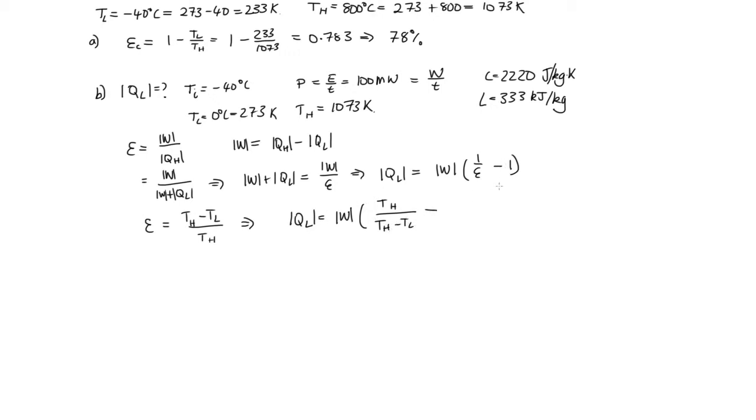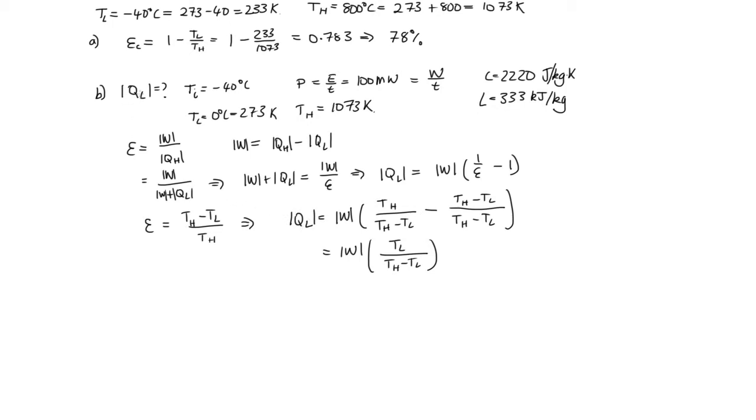We'll give this a common factor down the bottom. Okay, so now we end up with W, TH minus TH cancels out, so we end up with TL over TH minus TL. That is one expression that we can have for QL.